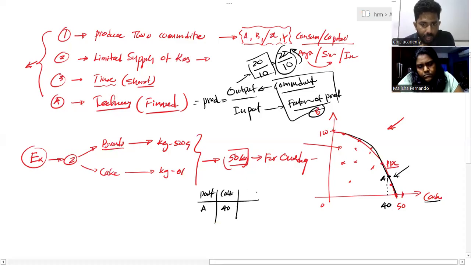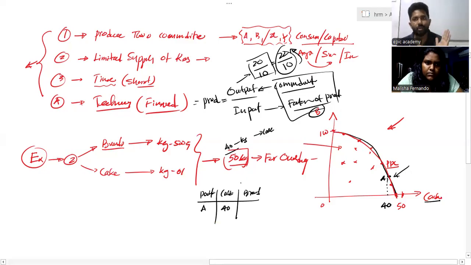How much bread can you produce? If you produce 40 of cake, you have to use 40 kilos out of 50 kilos for cake production. Now you have only 10 kilos for bread production, so you can produce 20 breads. Did you get the idea?